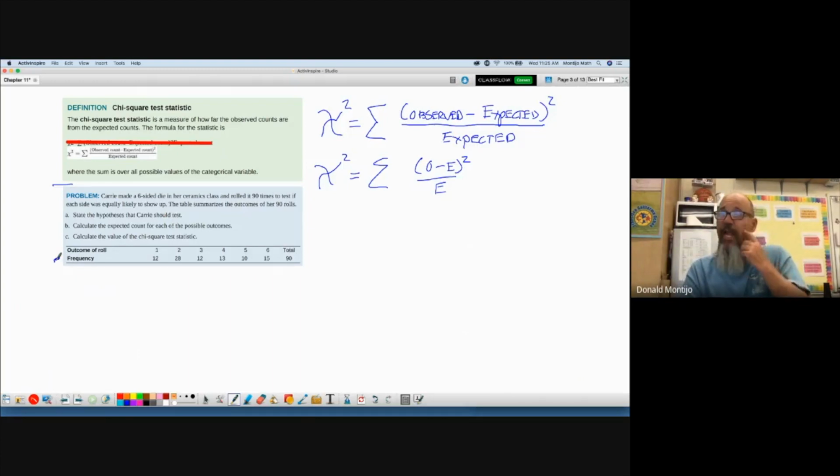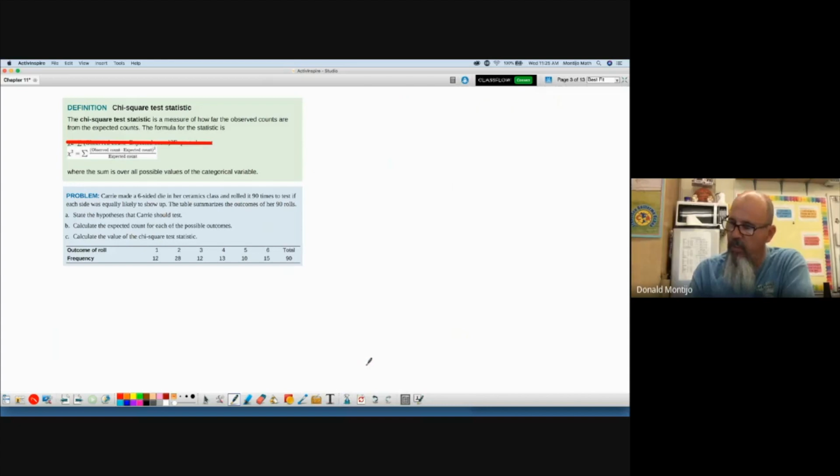Remember that for every single test that we do, any significance test in the world, the null is always there is no difference. So here they'd like us to state the null and alternative. So instead of writing it out the way we have before, we might, in this case, want to write the null and alternative in words.